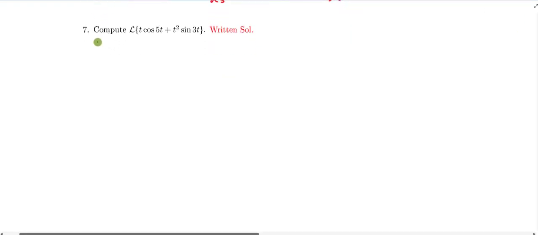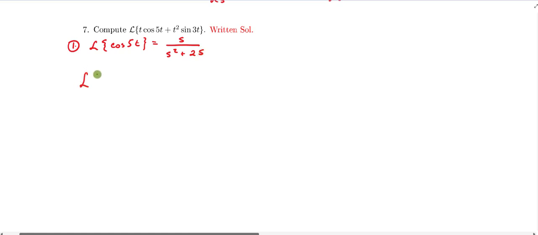So let's go ahead and give that a shot. In this case, we're asked to compute the Laplace transform of these 2 functions. Step 1 is we know the Laplace transform of the cosine of 5t is equal to s over s squared plus 25.